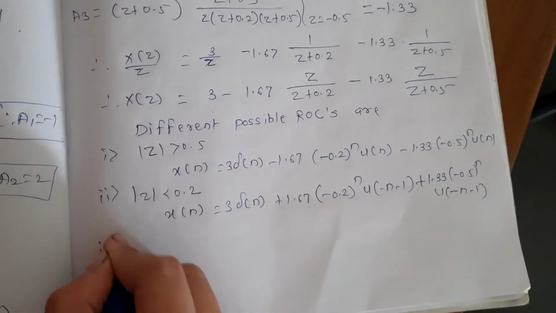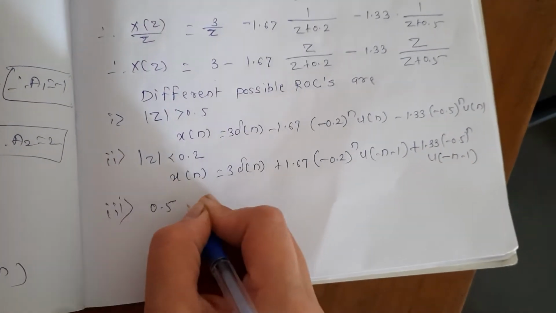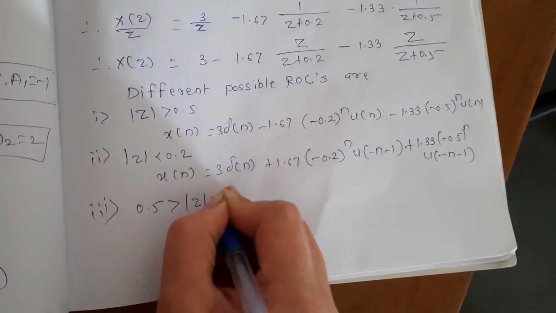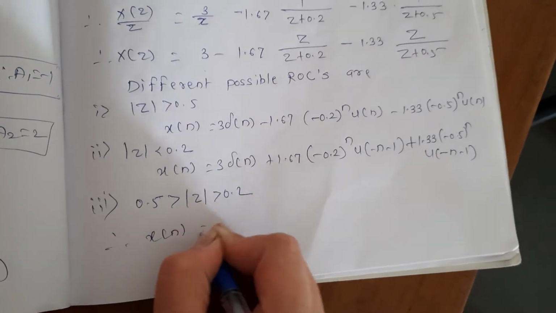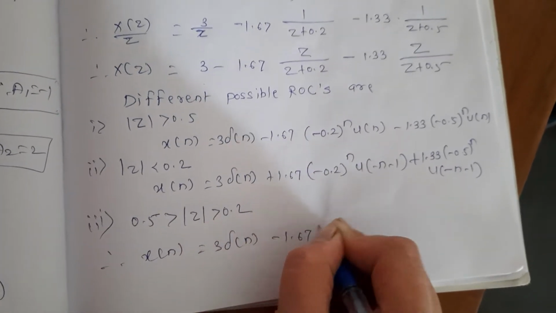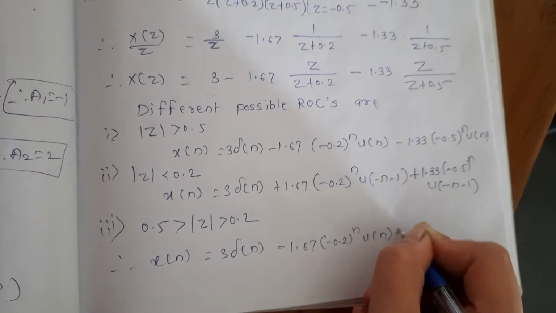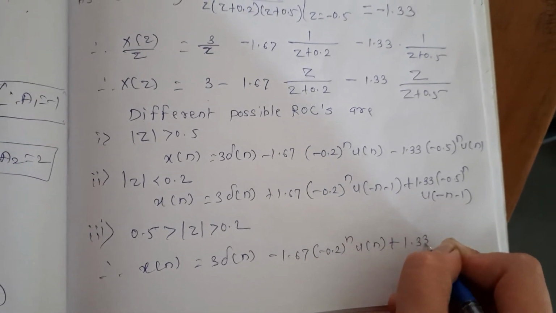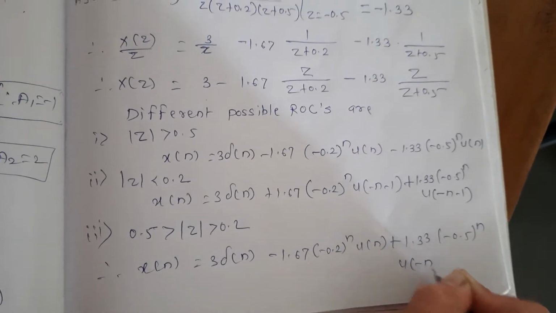And the third case is ROC in between 0.5 and 0.2. So x[n] is equal to 3 delta[n] plus 1.33 (-0.5)^n u[-n-1].